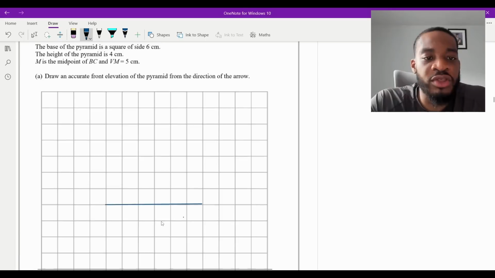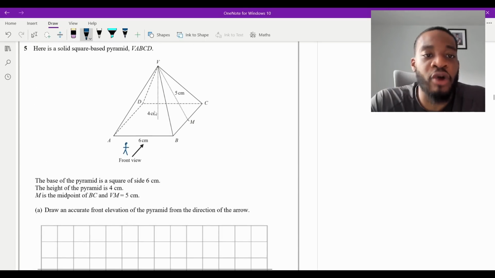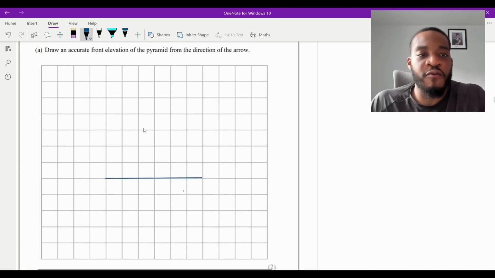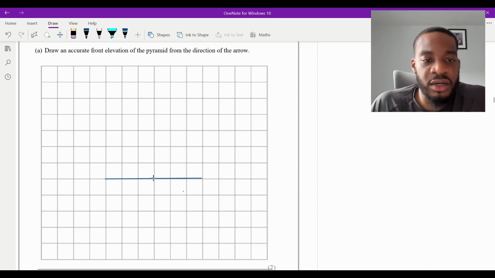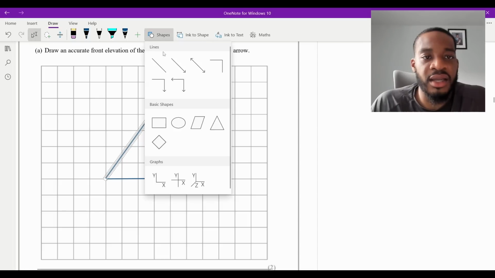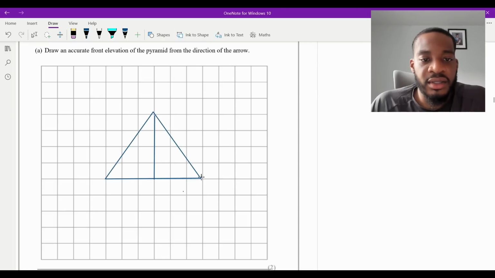And then what would the vertical height be of this triangle? Well, the vertical height is 4 centimeters, isn't it? So I'm going to draw four boxes up from the center, like that: 1, 2, 3, 4. And then I'll just join the sides together and rub out this middle line as well.